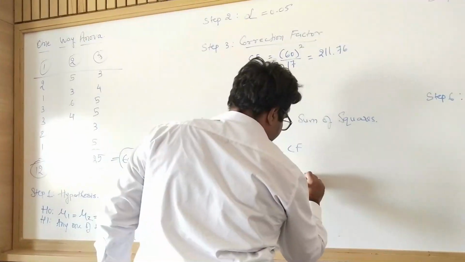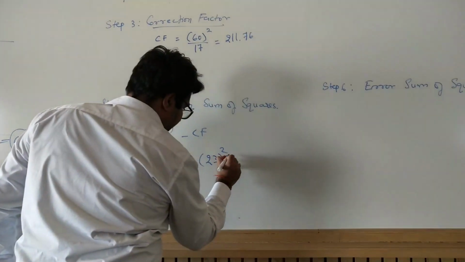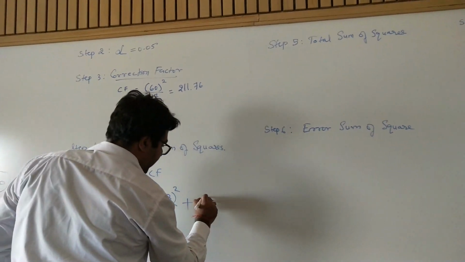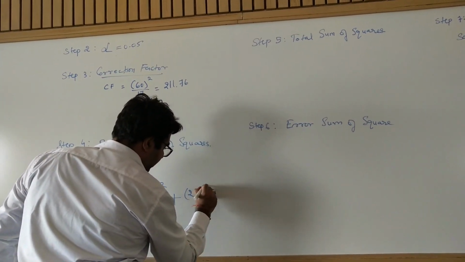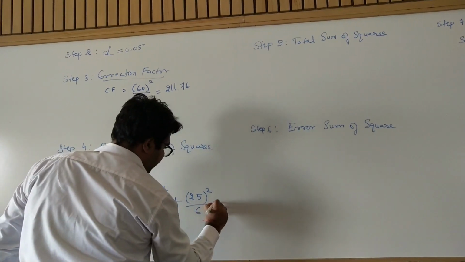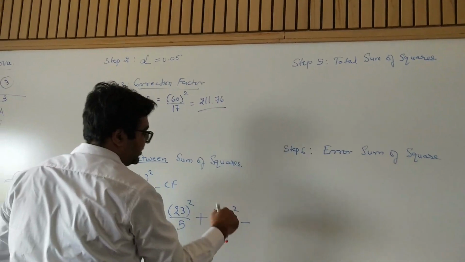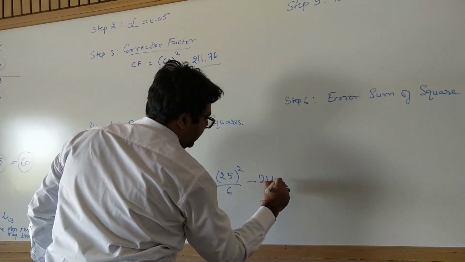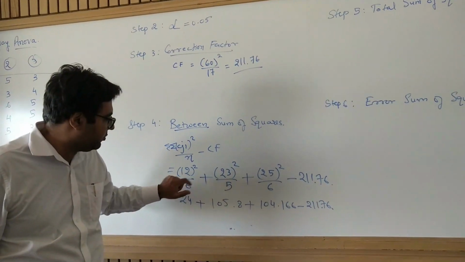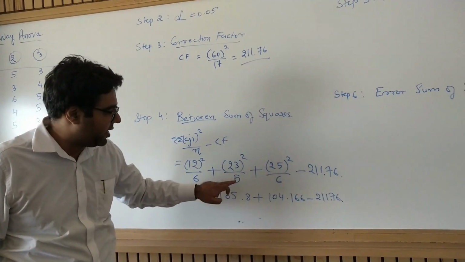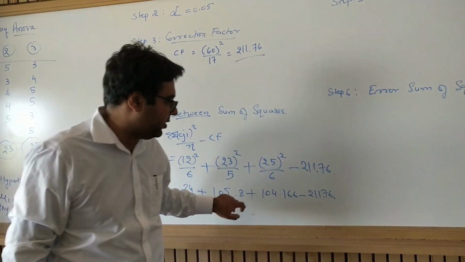Second, 23 square divided by 5, plus 25 square divided by again 6, minus, again we need to remember that the correction factor is subtracted. 12 square divided by 6 gives you 24. In the same way 23 square by 5 gives you 105.8.